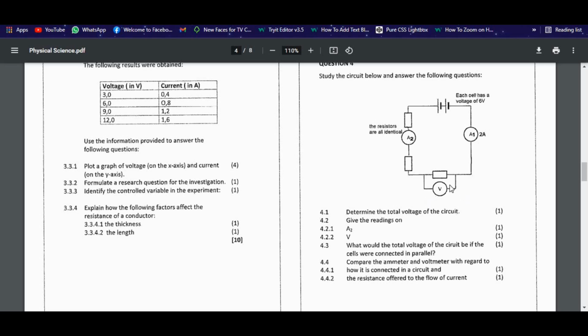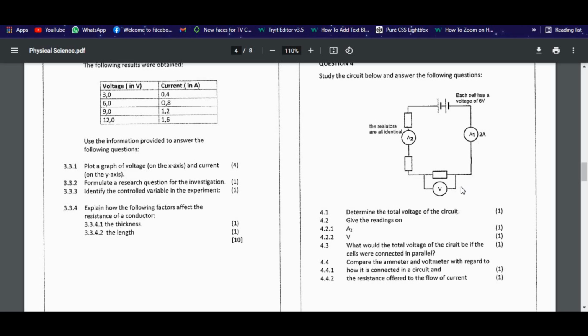I'm not told the value of each of the resistors, all I'm told is that they are identical. So I can assume that I should be getting a reading of 12 volts, because that's the total voltage in the circuit.